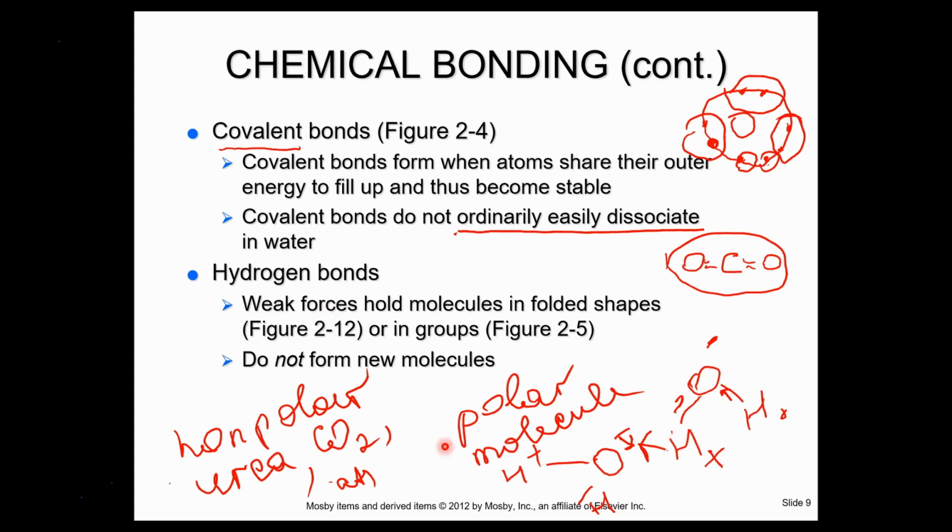So let's say you have two water molecules, right? H2O. Here's one water molecule, here's another water molecule, and they form what's called hydrogen bonds. Why hydrogen bonds?